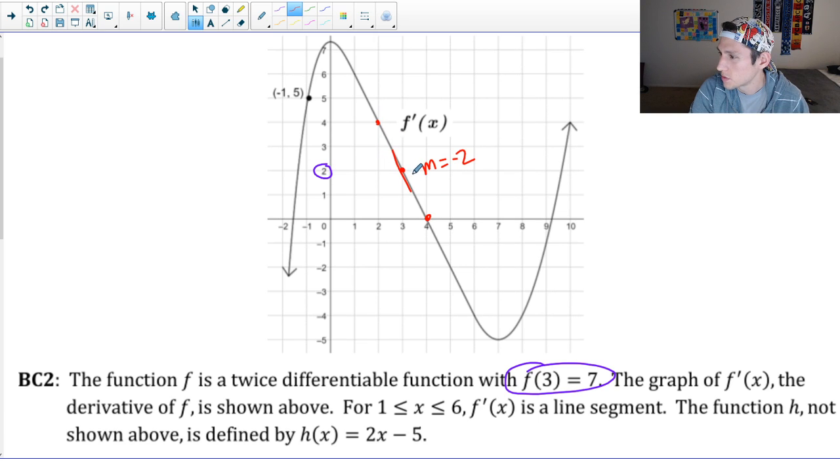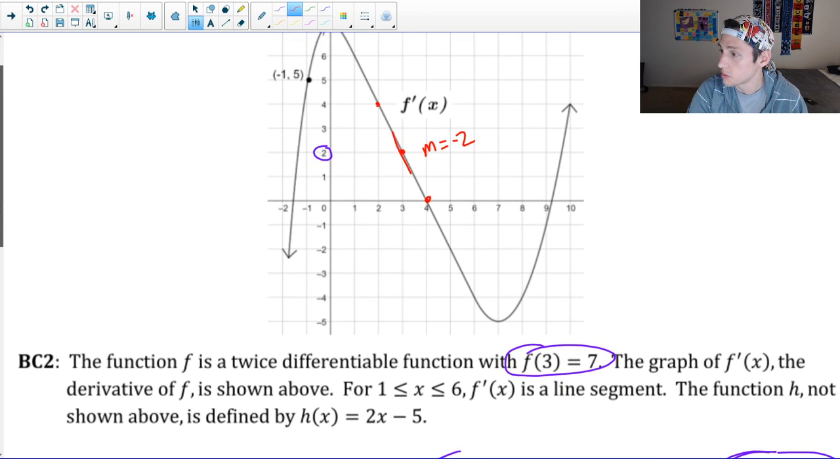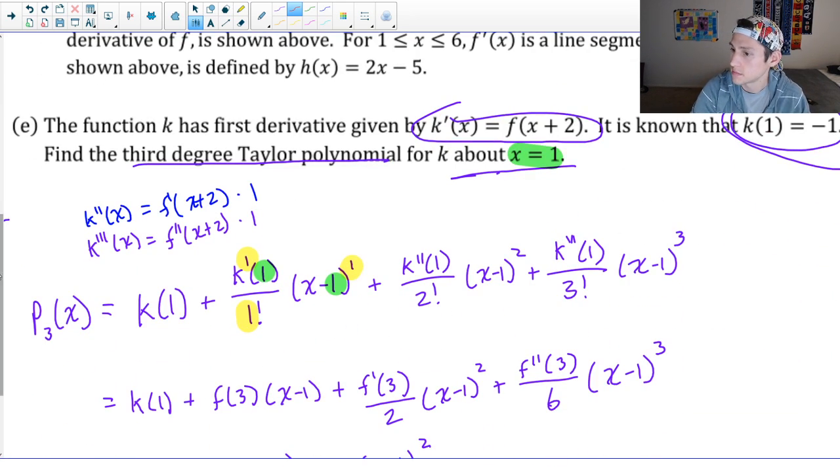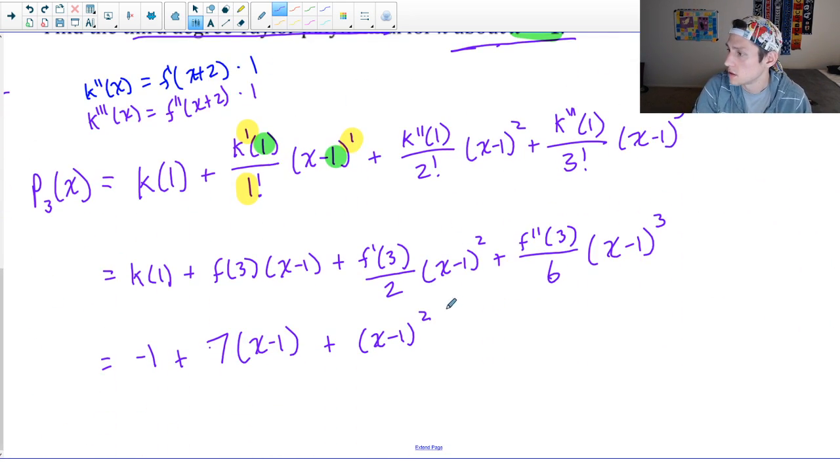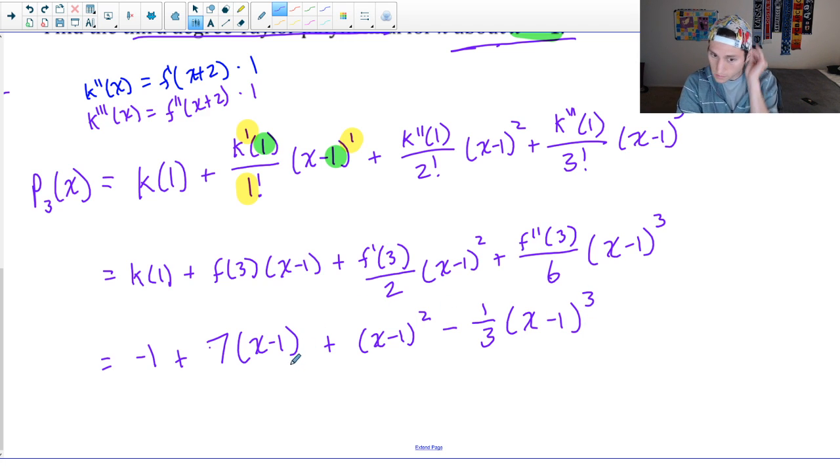It's going down 2 over 1, down 2 over 1. We can say this because it told us this part is a straight line. So f double prime of 3 is negative 2. So minus 2 over 6, so that'd be negative 1/3 times x minus 1 cubed.